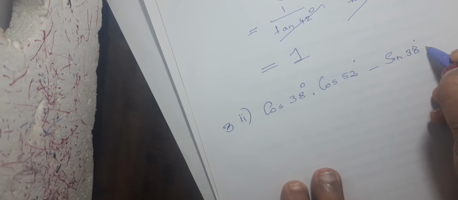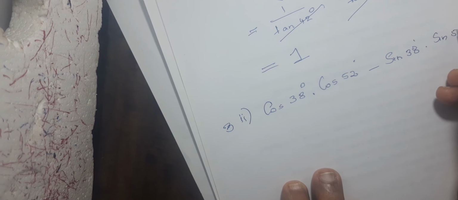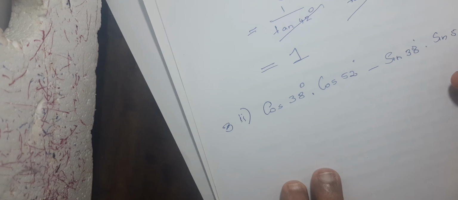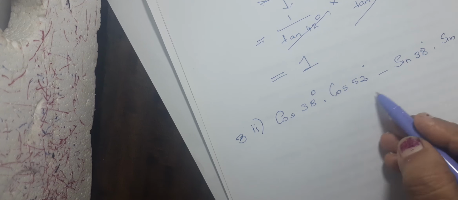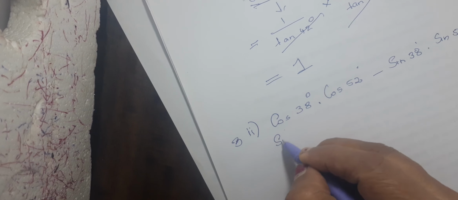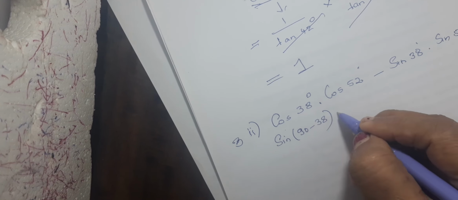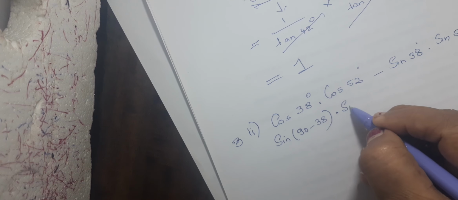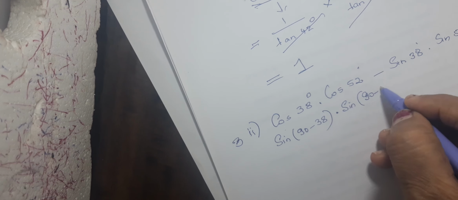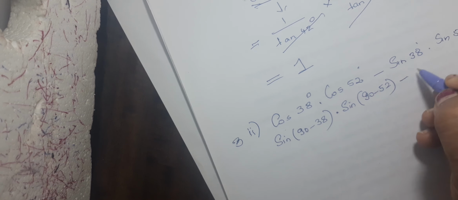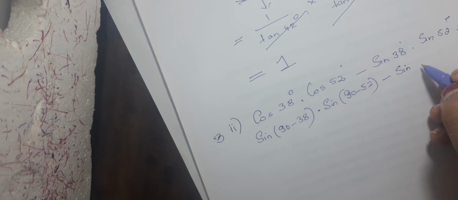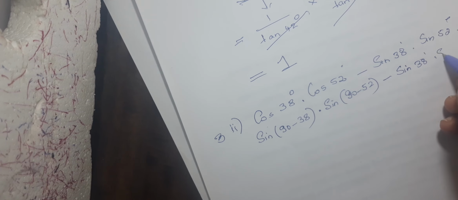Cos 38 into cos 52 minus sin 38 into sine 52 is equal to 0, you have to prove. So I either change this or this. So cos 38 will be sine 90 minus 38. Cos 52, you write as sine 90 minus 52. Leave this as it is: sine 38 into sine 52.